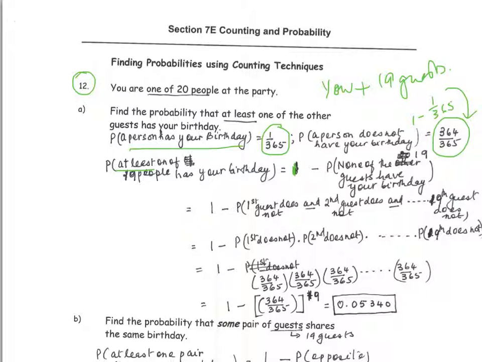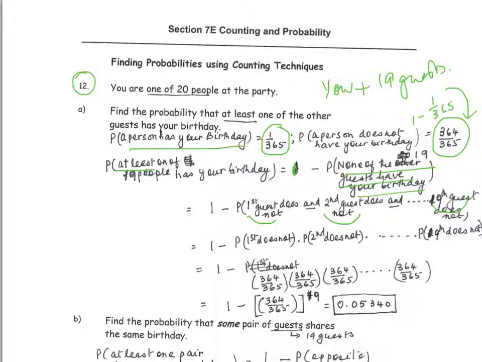So the probability that at least one of the 19 people has your birthday is equal to 1 minus the probability of the opposite event, which is none of the 19 people have the same birthday as yours. So that is equal to 1 minus the probability that the first guest does not have the same birthday, the second guest does not have the same birthday, the 19th guest does not have the same birthday.